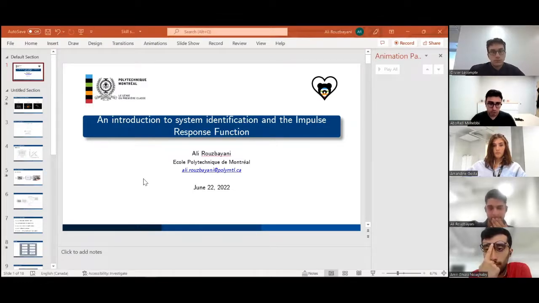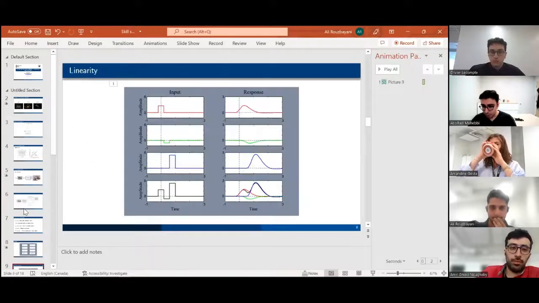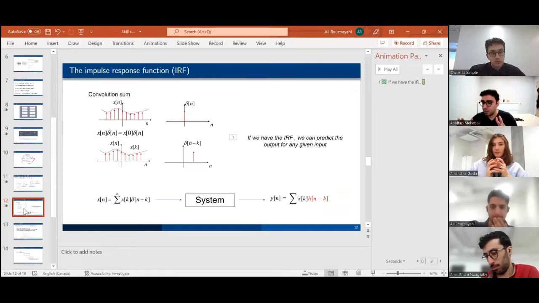You explained to us in simple terms that the impulse function is important with the linearity, the superposition characteristic of a linear system. We can superimpose the responses to different impulses that estimate the system. But from the beginning of the story, why an impulse function? Why not another function that we can use?